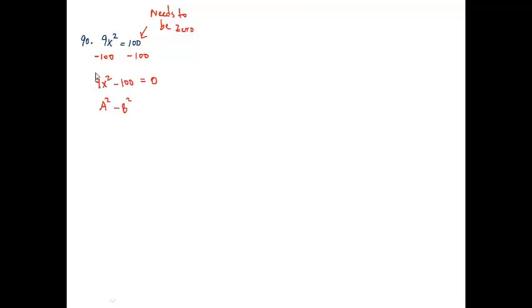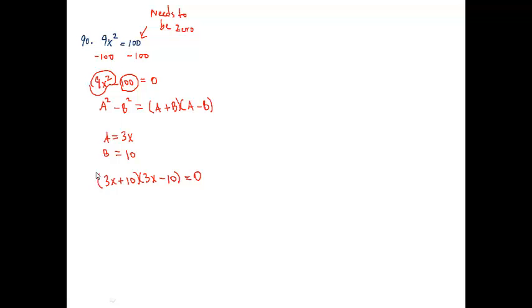Look at 9, it is a perfect square. 100 is a perfect square. And the exponent is even. Remember that this factors into a plus b times a minus b. Well, a is determined by the first term. So that 9x squared tells me that a is going to be 3x. And b is going to be determined by the 100, so b is just going to be 10. So this factors into 3x plus 10 times 3x minus 10 equals 0.